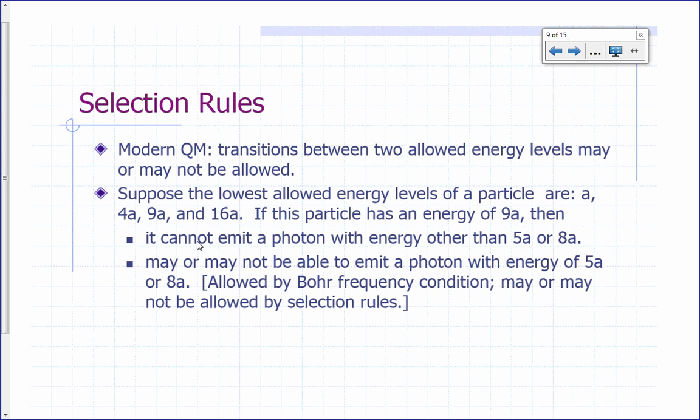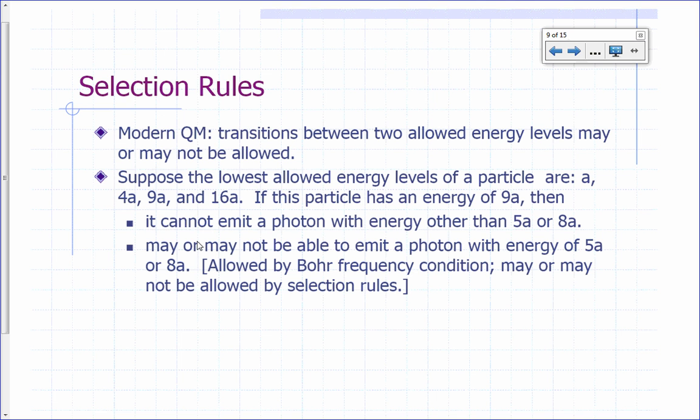Now, modern quantum mechanics tells us, and we'll talk about this later this semester, that transitions between two allowed energy levels may or may not be allowed. It's not enough that those two energy levels are allowed. Let's say the 1 electron volt level and the 2 electron volt level are two of the allowed levels.